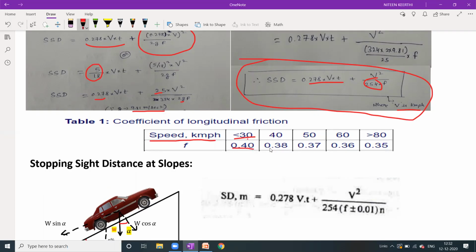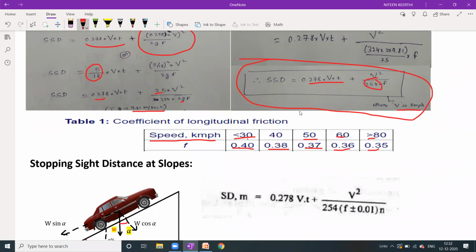For 40 kmph, 0.38. As I already mentioned, as speed increases, the coefficient of friction decreases. For 50 kmph, 0.37. For 60 kmph, 0.36. And for more than 80 kmph, it is 0.35. So the range of the coefficient of friction is 0.4 to 0.3, from 30 to 80 kmph. You can remember it in this way.